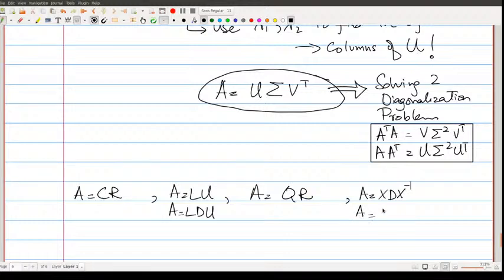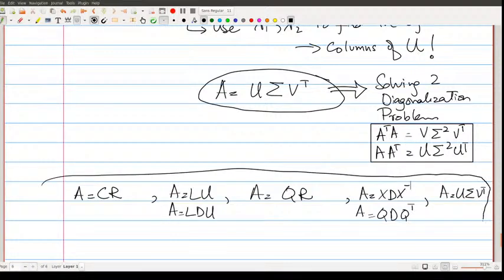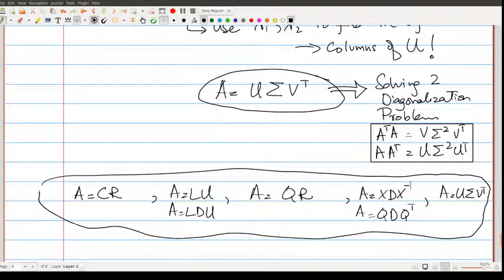For symmetric ones, you can do Q D Q transpose. And now we did the singular value decomposition, which is U sigma V transpose. So these are all the factorizations. I mean, a linear algebra course should also be known as a course of matrix factorizations, right? That's really all we're doing.